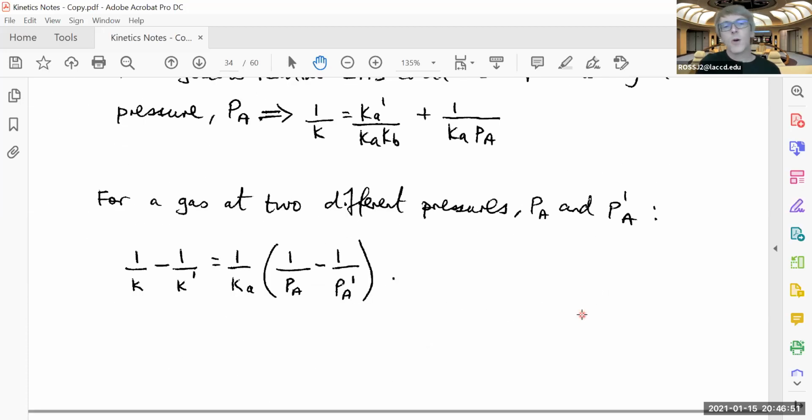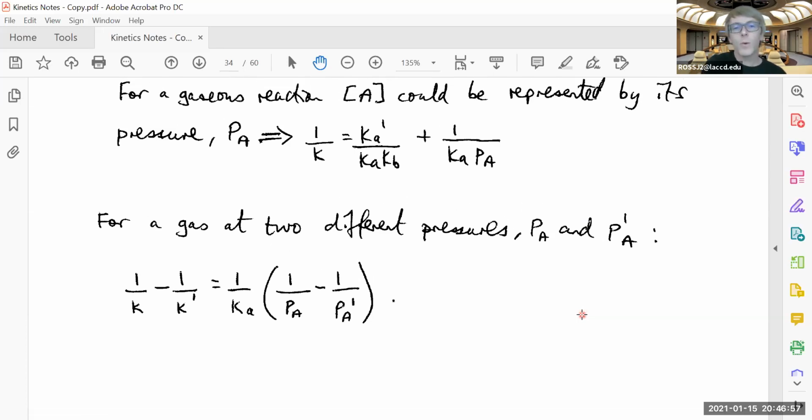Okay, so for a gas at two different pressures, PA and P prime A, we would just have an expression for 1 over k for one of the gases, 1 over k for the other gas, and then all of these constants, which are constants for A, they're temperature sensitive, but they're not pressure sensitive.